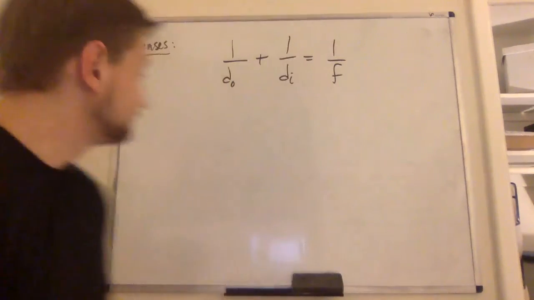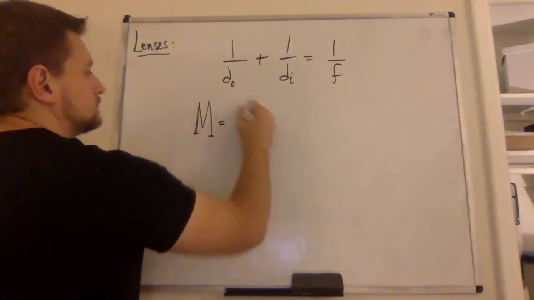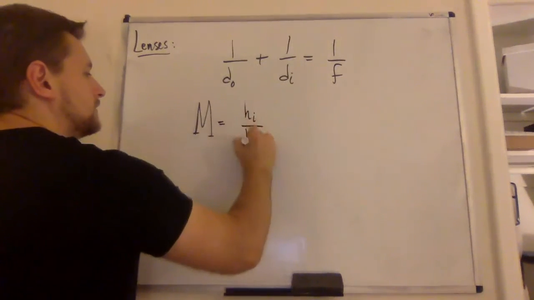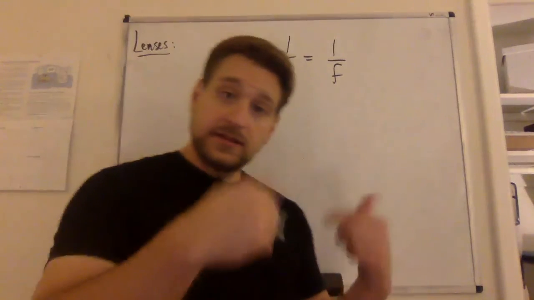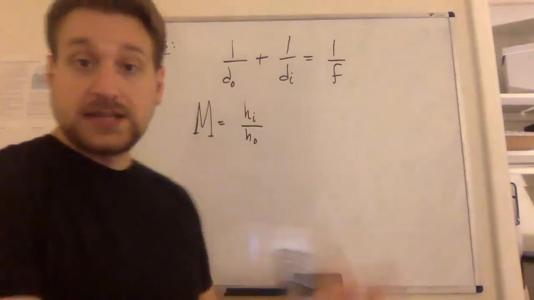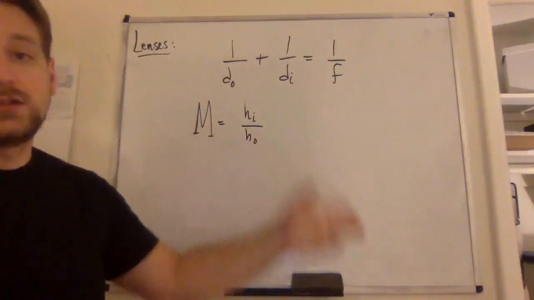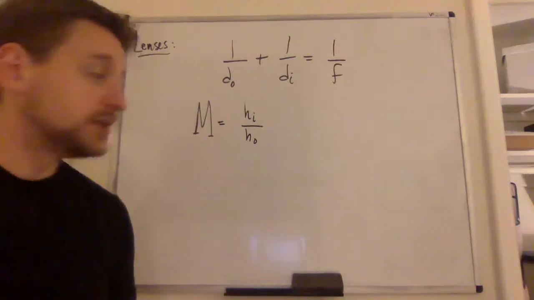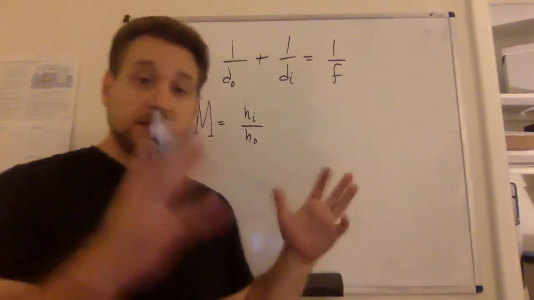This equation is the same, so the equation for magnification is probably the same also: HI over HO. And again, if the image is inverted, upside down, then this HI is negative. So we could have negative magnification and positive magnification just as well. If the absolute value is bigger than 1, then it has been magnified.